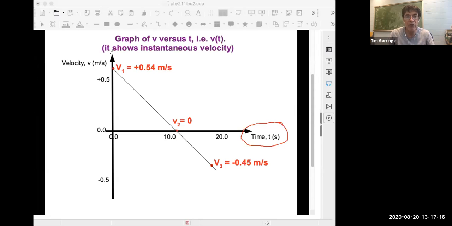But now the vertical axis is velocity rather than displacement, position. And you see 3 points. This is the point corresponding to the initial velocity of the cart. It was plus 0.5 meters per second. It's towards the right.